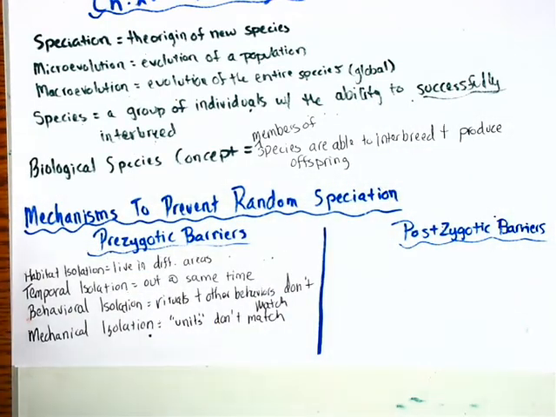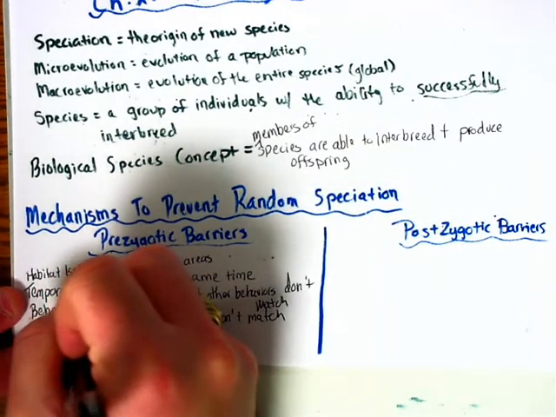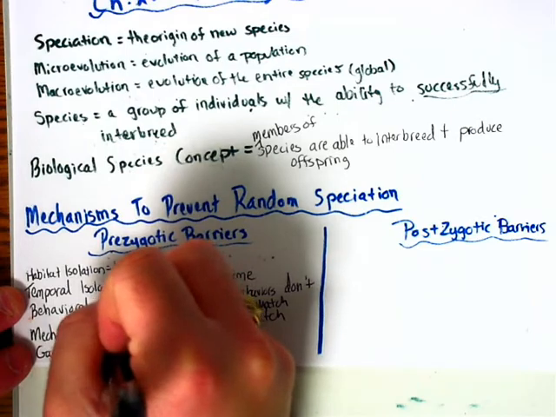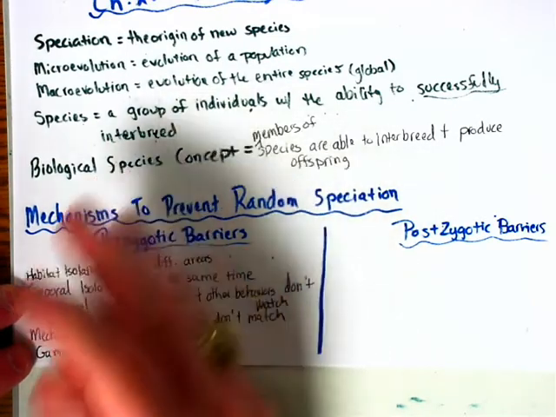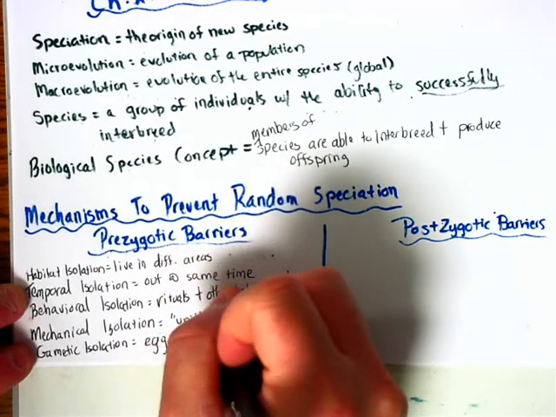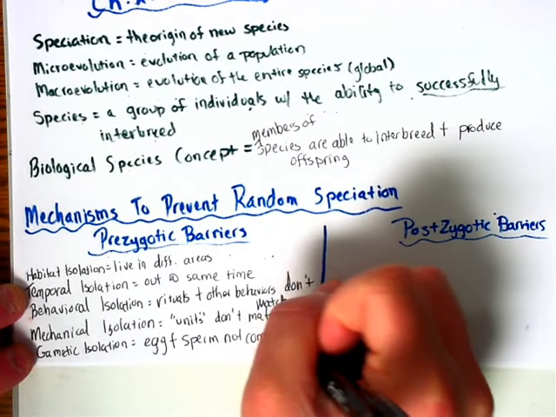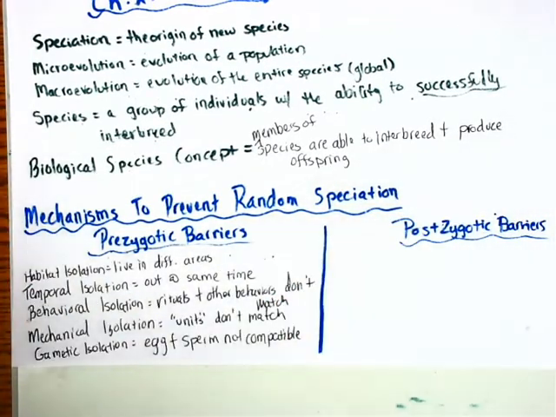You probably understand what I mean by the term unit. Right? Okay, two people. Good. And then there's also gametic isolation, which would be when the egg and sperm are not compatible. Cool.